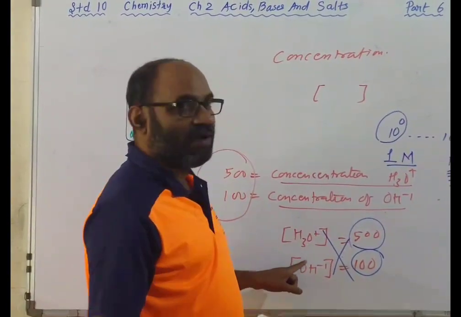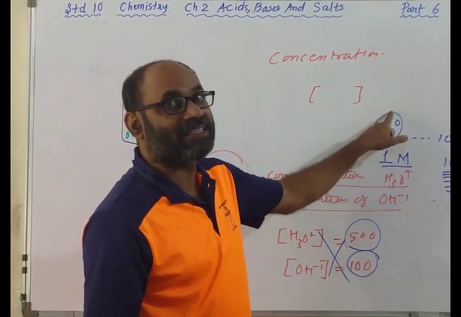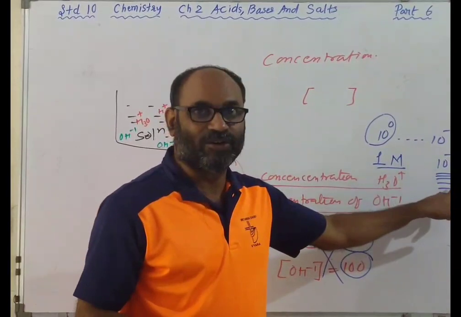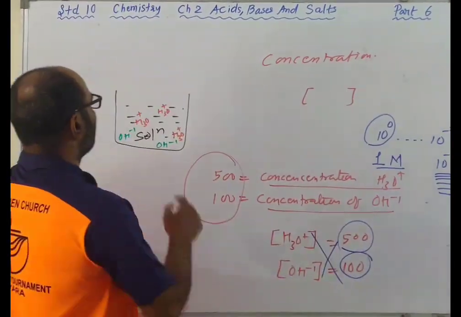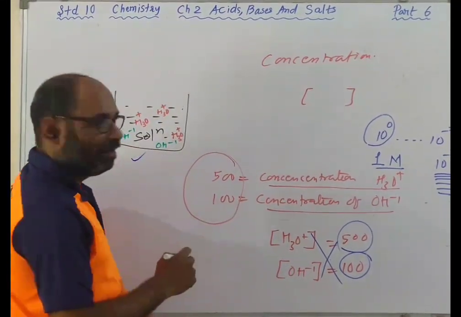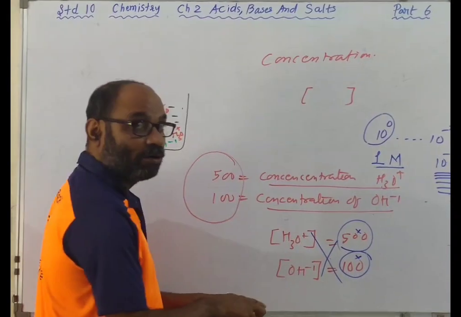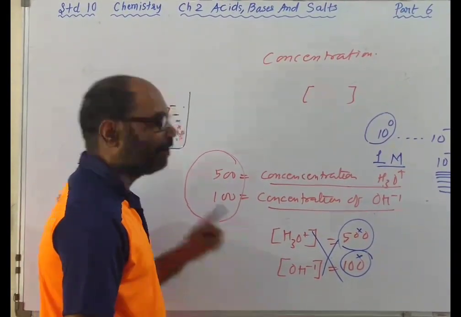So concentration of hydronium ion या hydroxide ion will lie between 1 molarity to 10 raised to minus 7 molarity. Alright, ये तो सिर्फ समझने के लिए मैंने फिगर दिया था, just to understand how to represent concentration of hydronium ion and hydroxide ion.